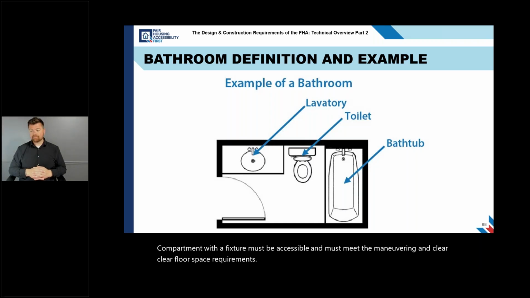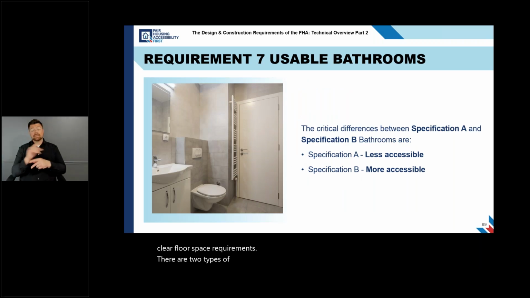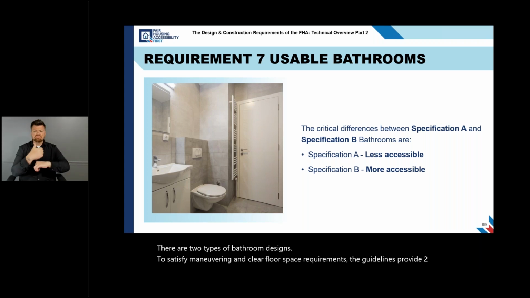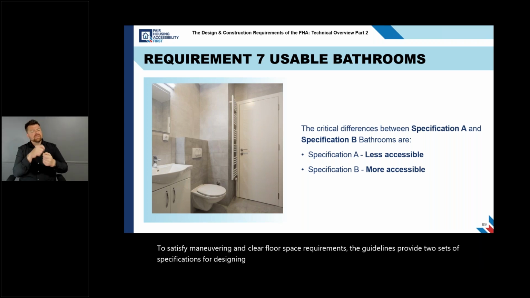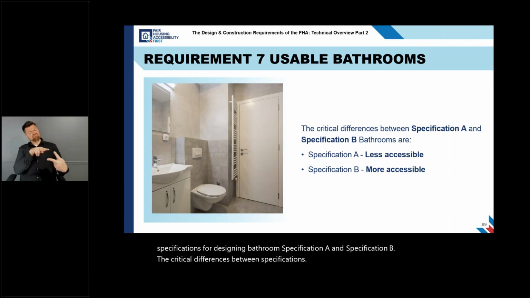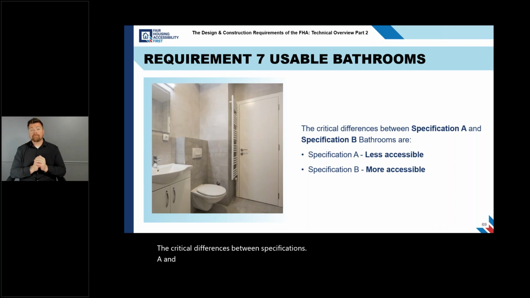There are 2 types of bathroom designs. To satisfy maneuvering and clear floor space requirements, the guidelines provide two sets of specifications for designing bathrooms, Specification A and Specification B. The critical differences between Specification A and Specification B bathrooms are: Specification A bathrooms are less accessible.